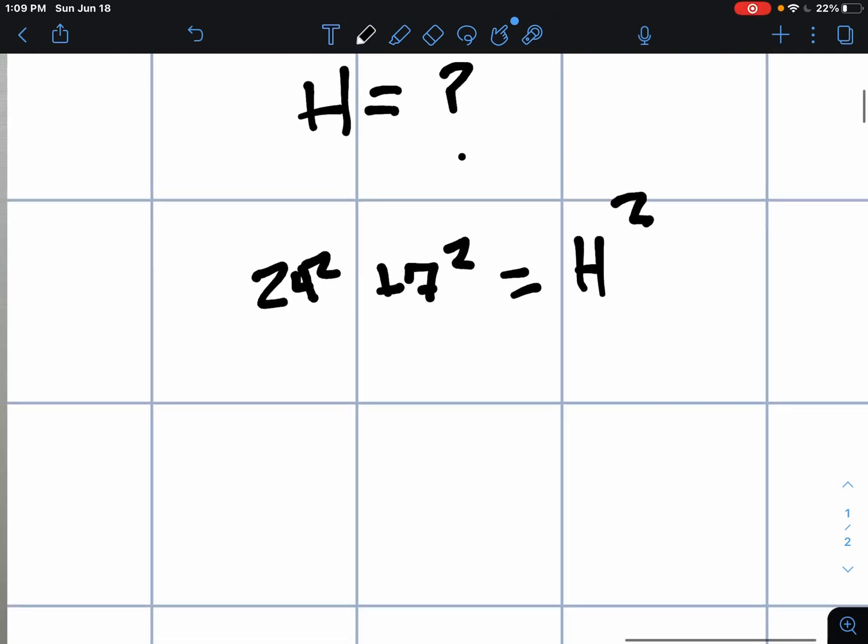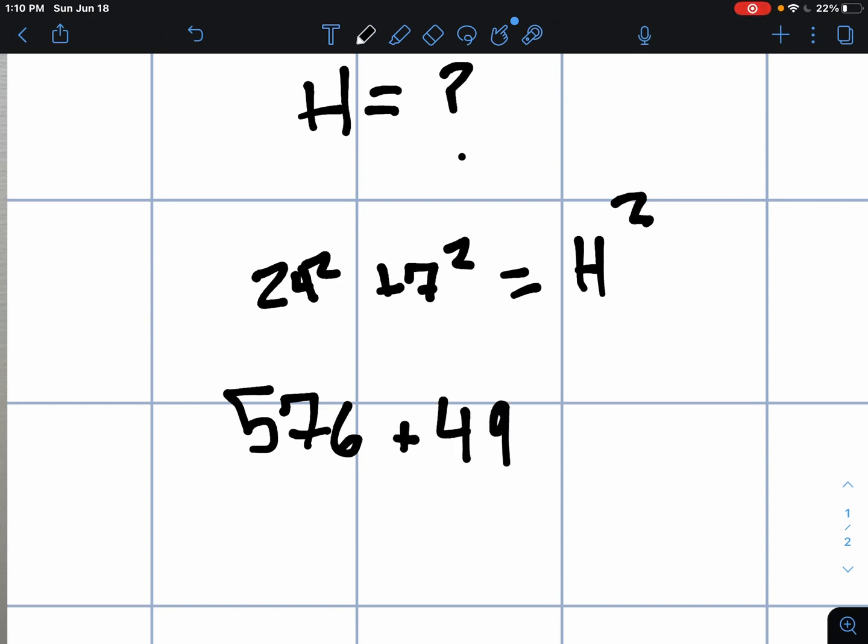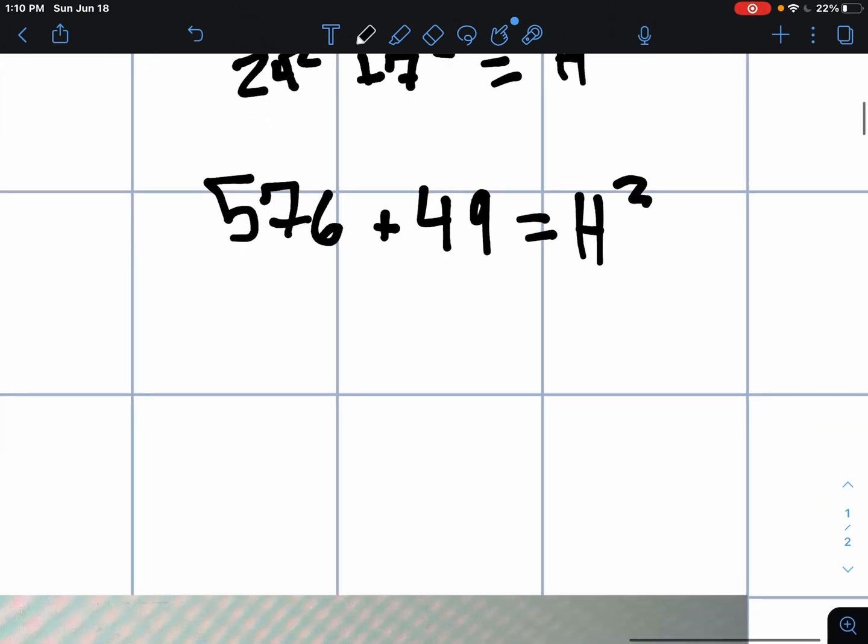Okay, 24 squared, let me get my calculator. 576 plus 7 squared, 49, equals hypotenuse squared. 576 plus 49 is 625, which equals hypotenuse squared.